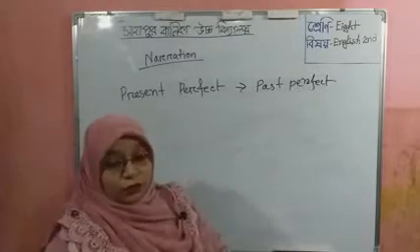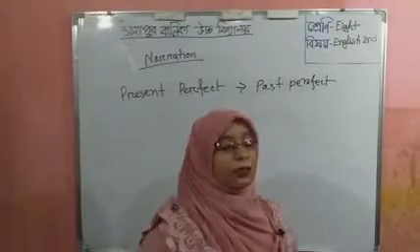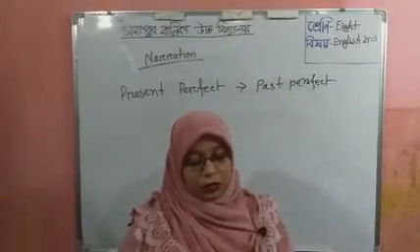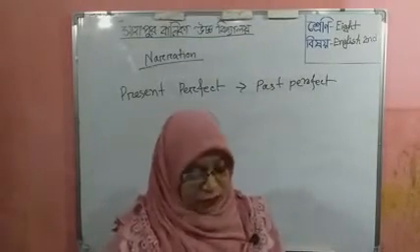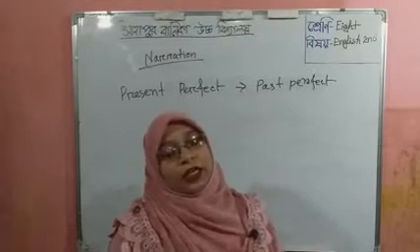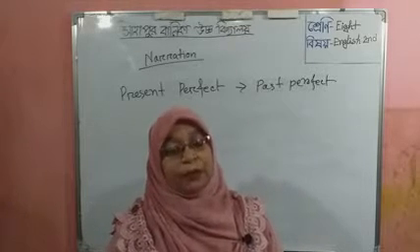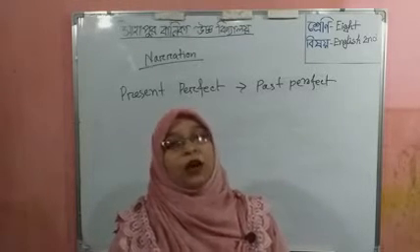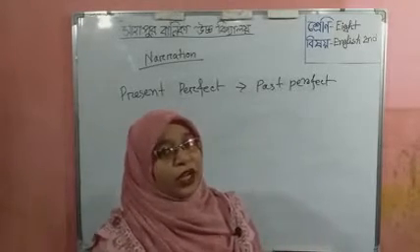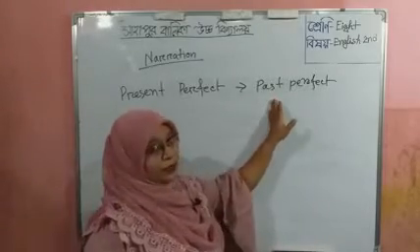Can you remember where we change the tense? Present perfect to past perfect. Let me recall once: in indirect narration, when the reporting verb is in the past tense, we change the reported speech in present perfect to past perfect.